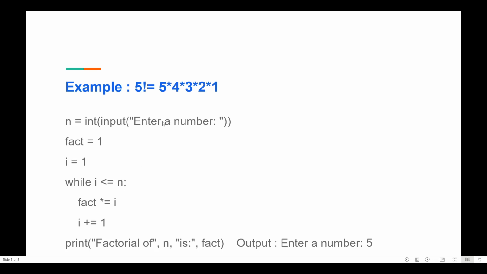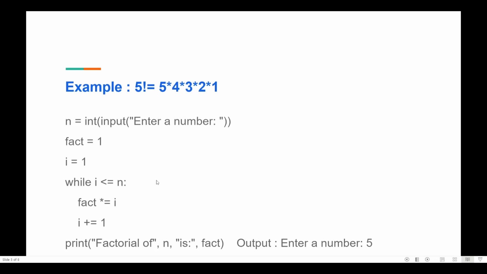N, we know that the number that we have typed here will be the number. So let's say it is a 5 and here we have given the value i plus equals to 1. So what it will do, it will go till 5. So 1 2 3 4 and 5, it will go till 5. Here we have given a condition of factorial, fact multiply by equals to i.